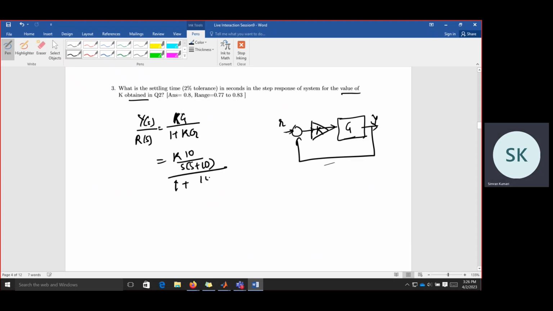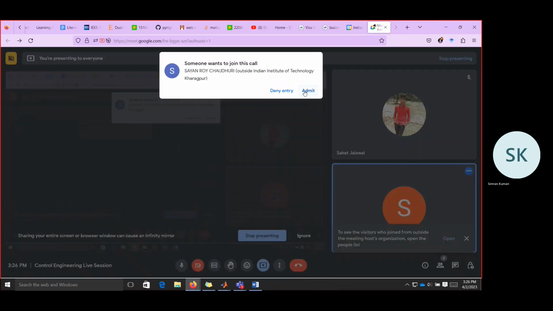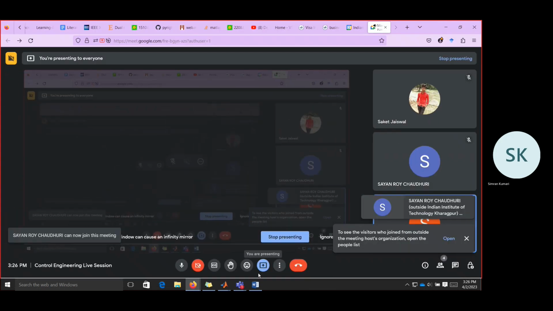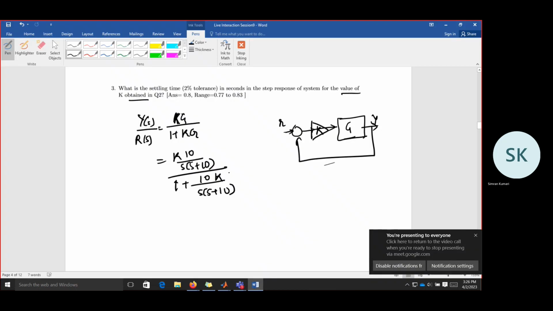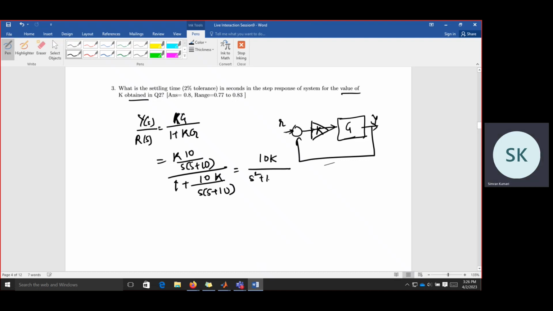Here we have 10K by s plus 10. So what is the closed loop transfer function? This is simply 10K over s squared plus 10s plus 10K. Now this is the closed loop transfer function when there is this gain K.